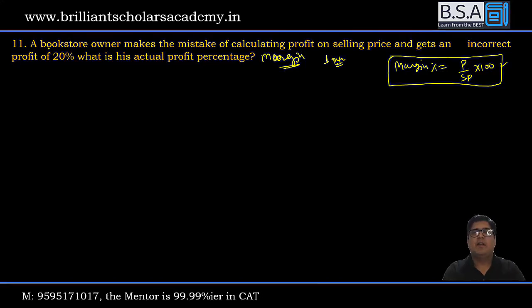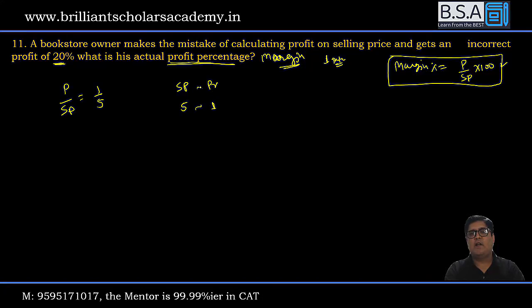Here, the bookstore owner is making a mistake while calculating profit percentage. On selling price, he gets 20% profit. What is his actual profit percentage? So you are basically telling me profit upon selling price is 1/5. Selling price is 5 rupees, profit is 1 rupee.